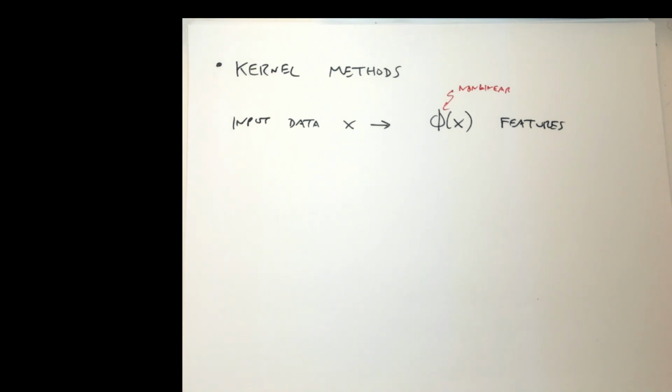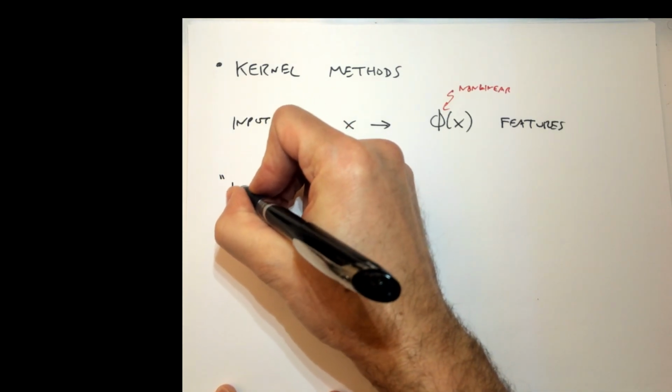That's very common. We did that when doing curve fitting. You used a polynomial basis, for example, as this set of phis, right?